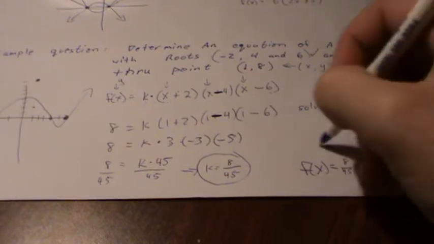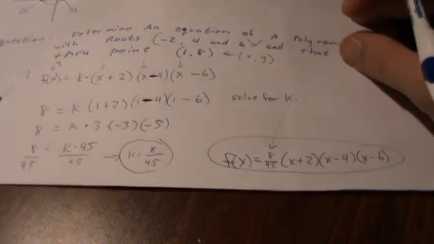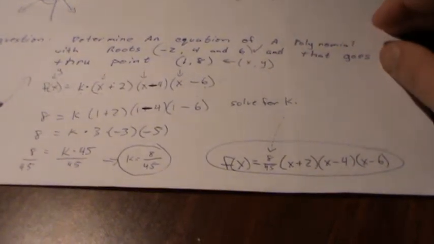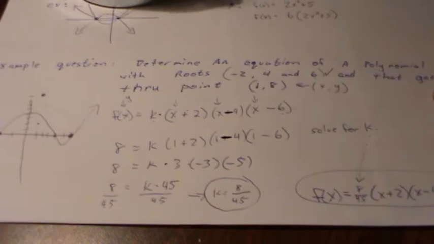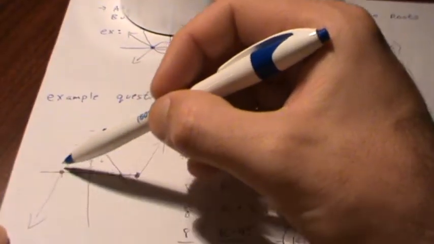So if I take this number and I place it here, this is now going to be the correct polynomial. And so what that means back on our graph is, I actually drew the original graph a little incorrectly.